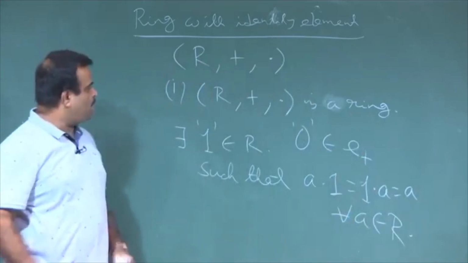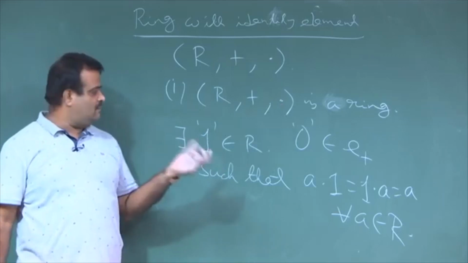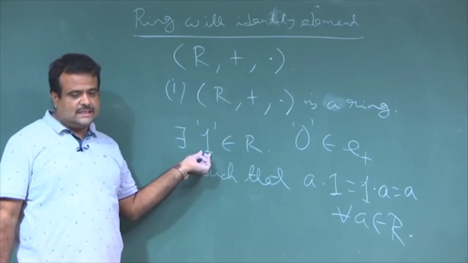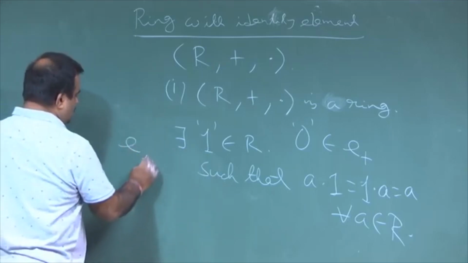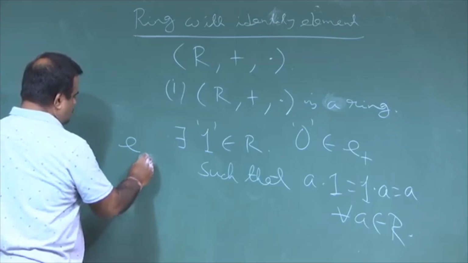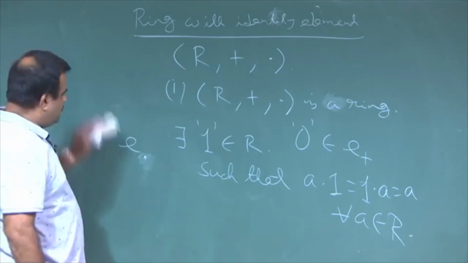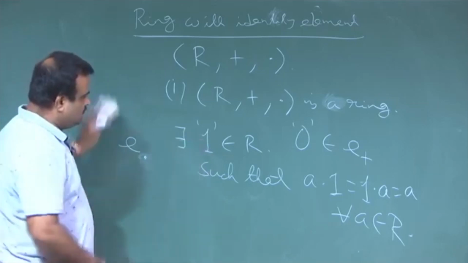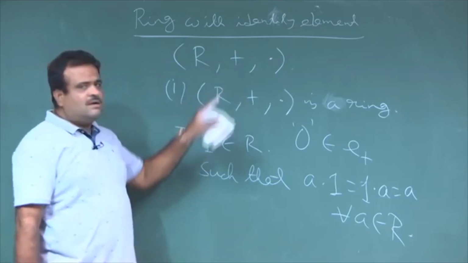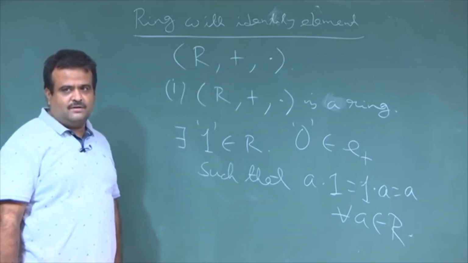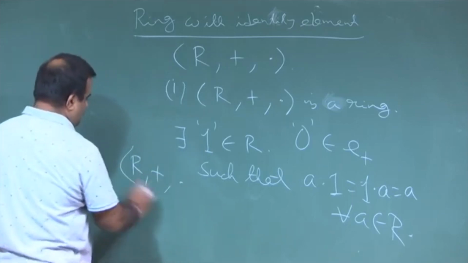Since this is multiplicative, we denote this by 1. Otherwise, we can use E. Dot is the operator and E is the identity element for this operator, but for simplicity we can use the notation 1. If this is happening, then we can say this is a ring with identity element.